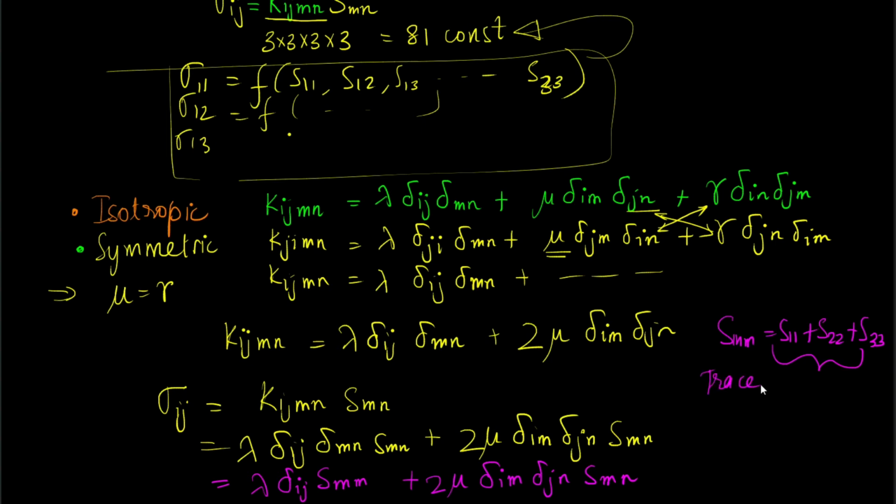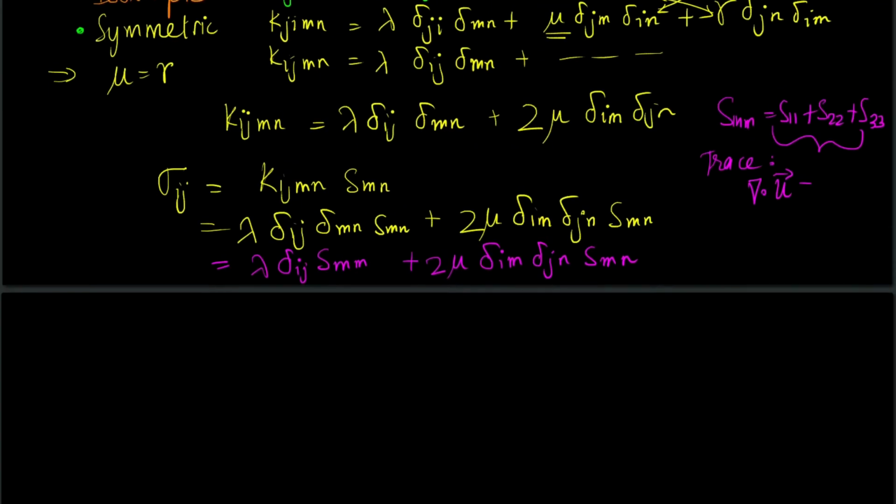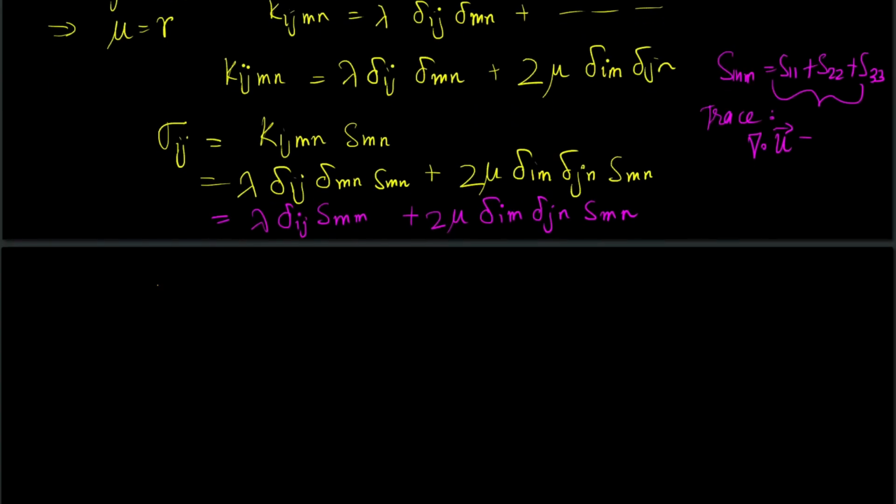And the trace of the rate of strain tensor, you may recall, is nothing but the divergence of the velocity field. Alright, in that case, we can write this as sigma ij is equal to lambda delta ij divergence of velocity plus 2 mu delta im delta jn Smn.